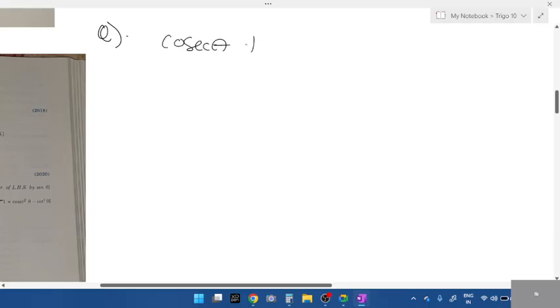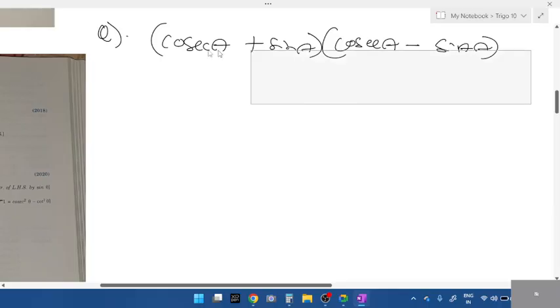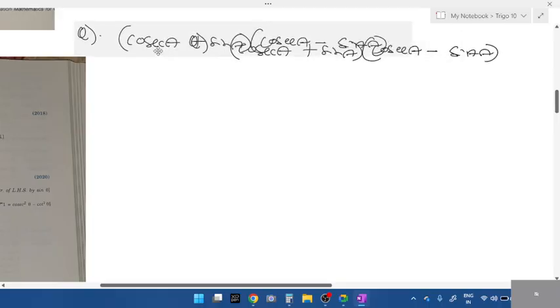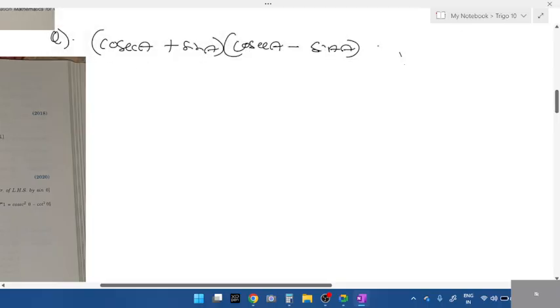Cosec A plus sin A, into cosec A minus sin A. Copy the question, students. Just by observing this, tell me which formula can we use? Just by observing the values, which formula can we use?